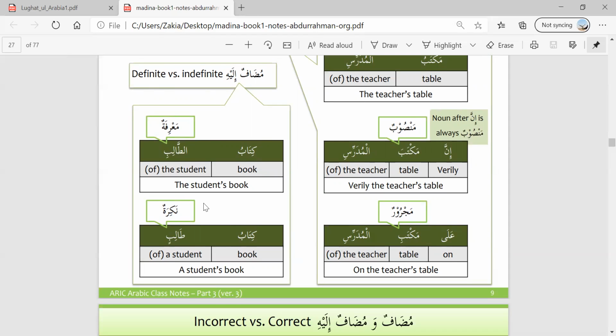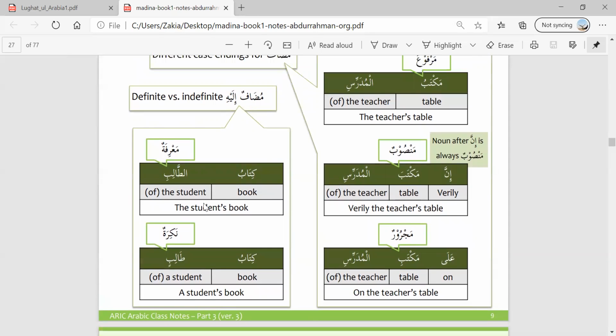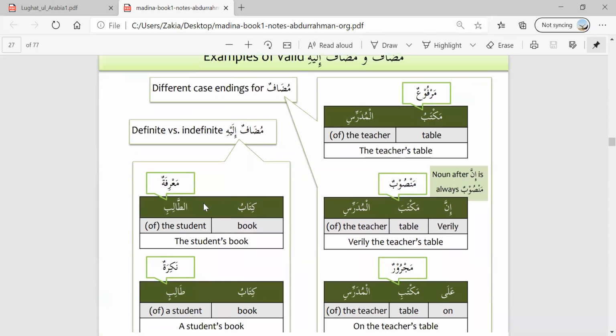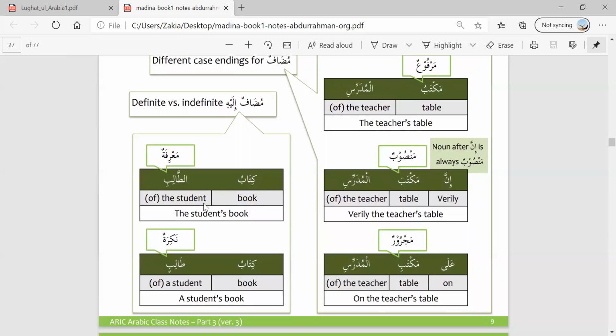Then you have this table here, which is definite versus indefinite. So mudaf ilayh, kitabun at-talibi. In the second one, we can see kitabu at-talibi. Here it's ma'rifa. Why is it ma'rifa? It's definite because it has al and it has one single vowel.